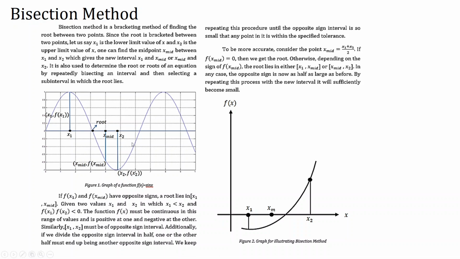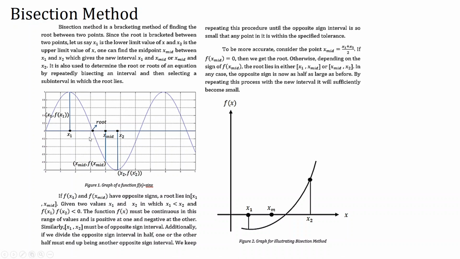For example, this figure is the graph of the function sine x. As you can observe, the graph of the function sine x is a sinusoidal wave motion, meaning the root of this function always lies on the x-axis. For example, this is the root, as we can determine with the graphical approach.